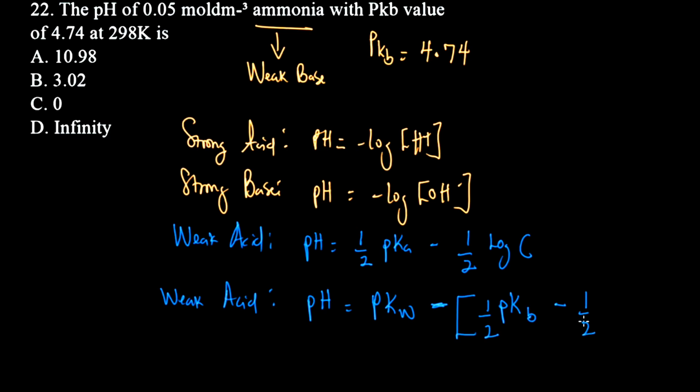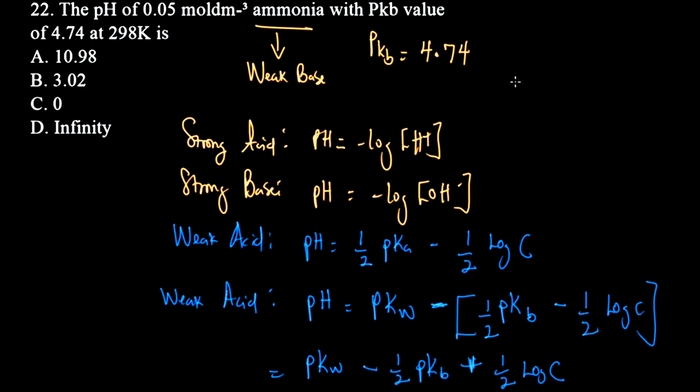Minus 1 over 2 log C. So we have that pH equals pKw, and pKw is always 14, that's the pKw of water, minus 1 over 2 pKb plus 1 over 2 log C.